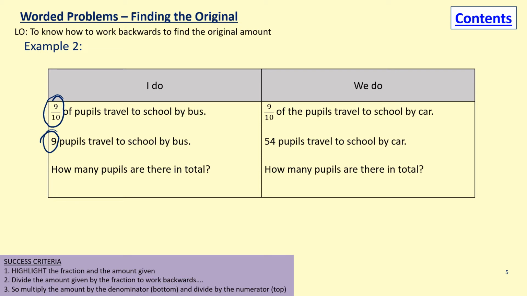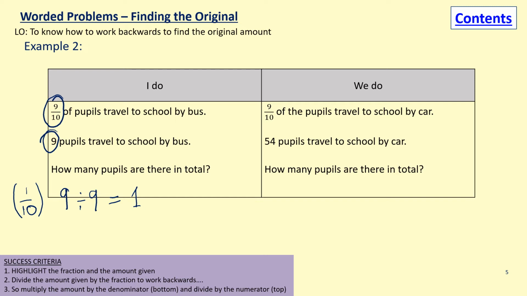So to work out 1/10, I need to take my amount and divide it by 9. And it gives me 1, which means that 1 student is 1/10 of the total amount of students.